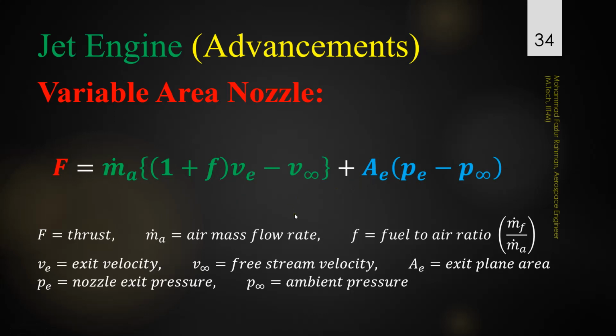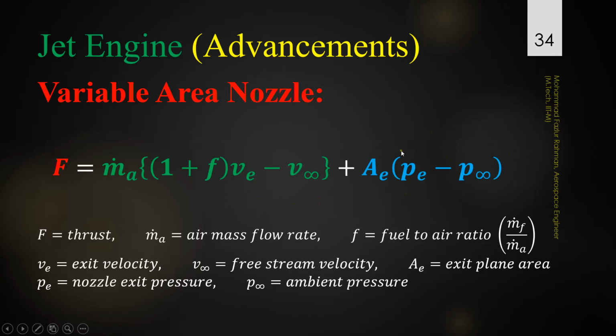We find that the more important part is the momentum part. That's why we have a nozzle. We convert the pressure energy into kinetic energy, and it has been found from experience with the operation, and mathematically it can also be proved, that the engine creates the maximum amount of thrust when this part goes to 0.